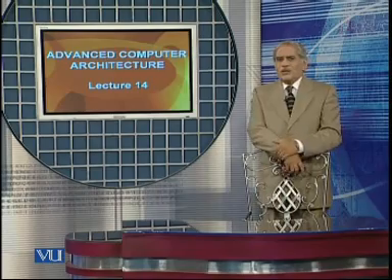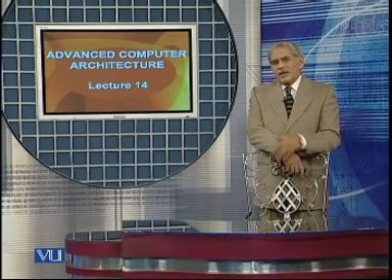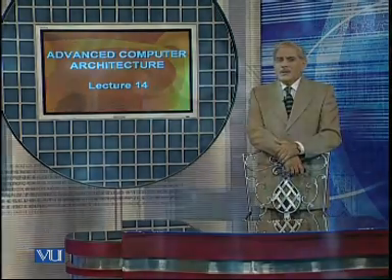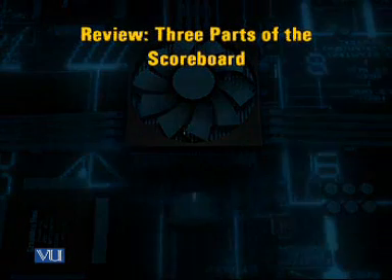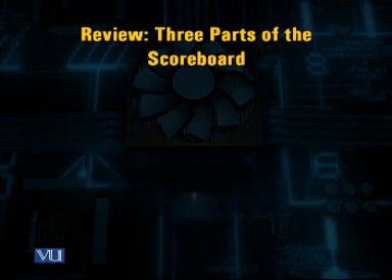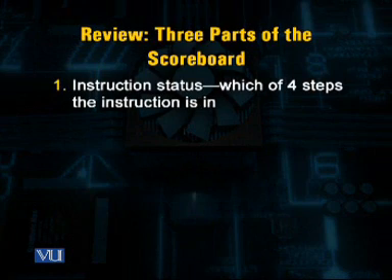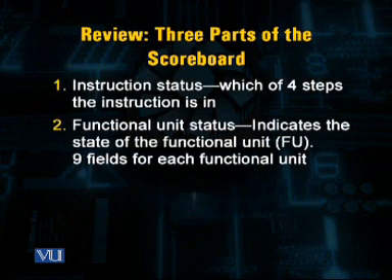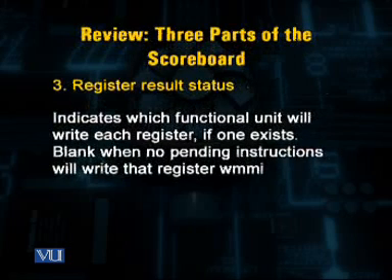In our discussion of the scoreboard technique, we said that the scoreboard has three basic parts known as the instruction status, the functional unit status, and the register result status. This information is maintained in three different tables.